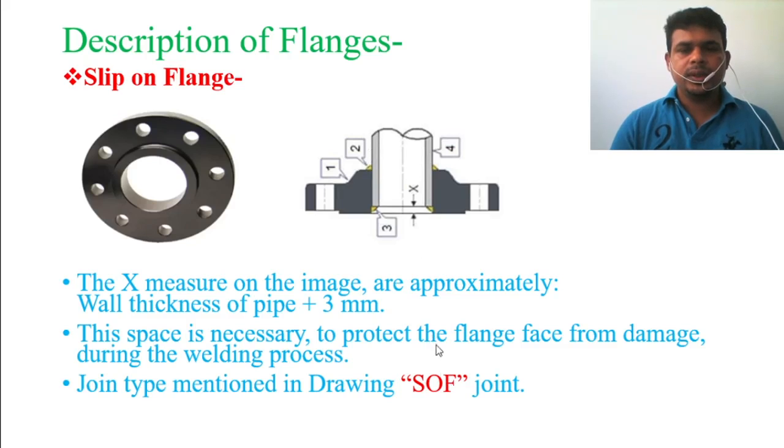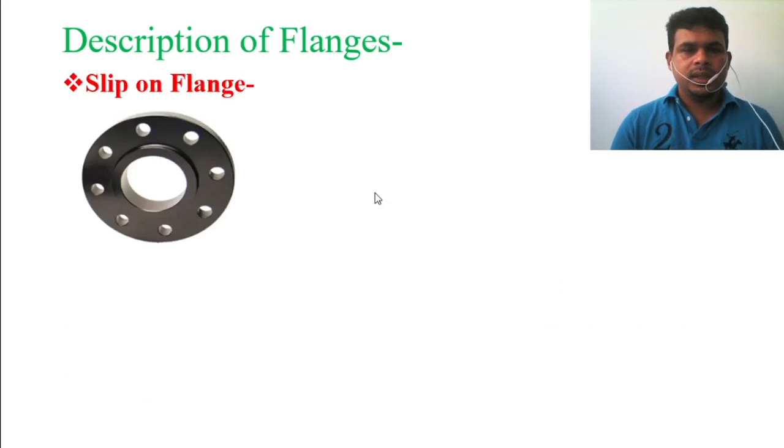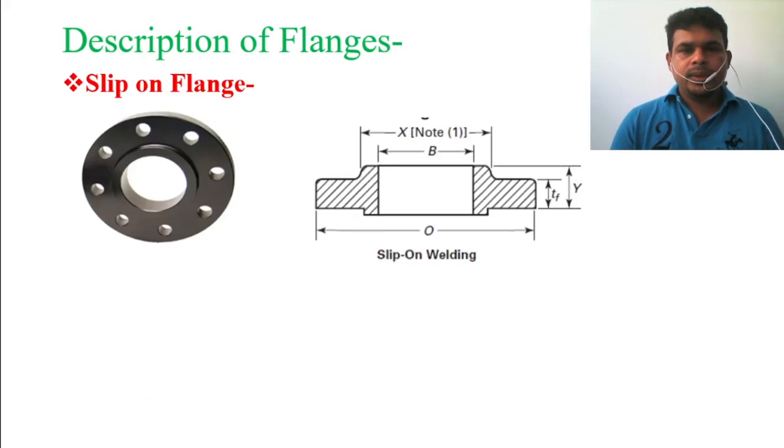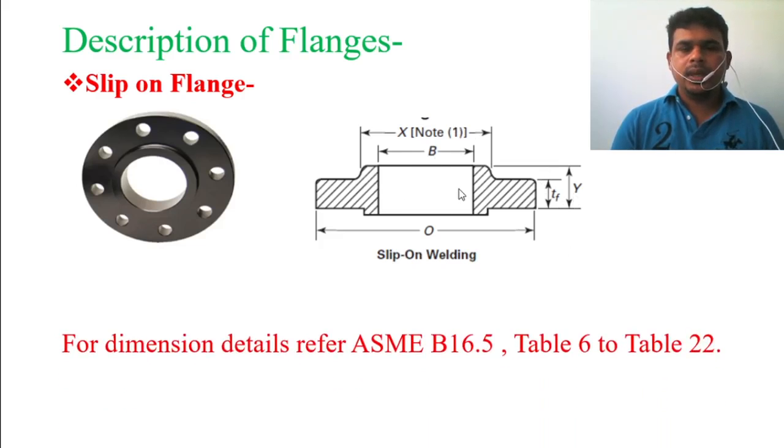If you see the joint type SOF in the drawing, you should understand this is the slip-on flange and the joint will be fillet welding. Here you see the slip-on flange dimensions, what are O, B, X, TF and Y. For all these details for all sizes of slip-on flanges, you can refer to ASME B16.5 table 6 to 22.